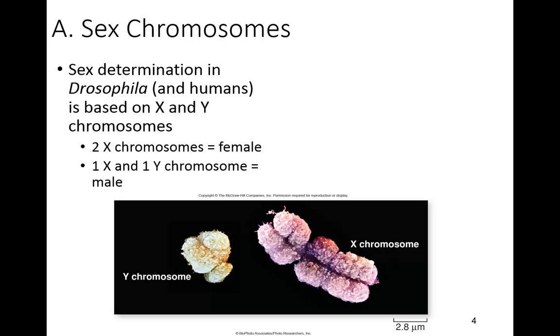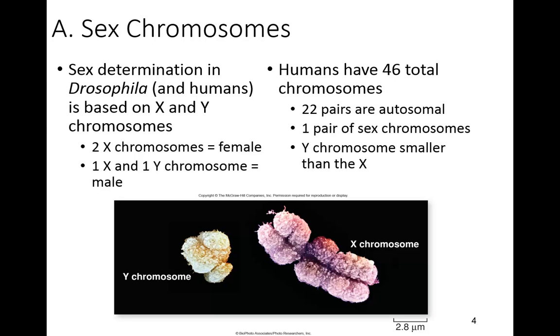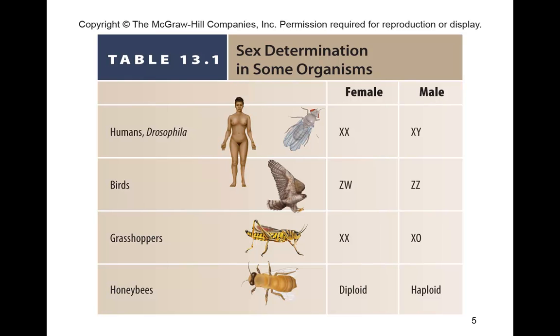In humans as well as in flies, sex is determined by the presence of an X or Y chromosome. If you have two X chromosomes, you're female. If you have an X and a Y, you are male. Humans have 22 autosomal pairs, meaning non-sex chromosomes, and then a pair of sex chromosomes. Humans and flies have the same XY system.